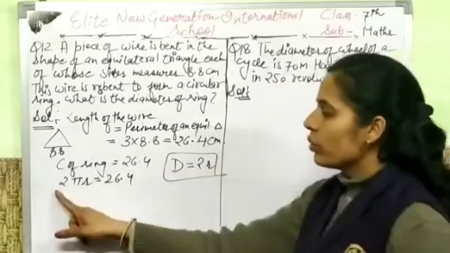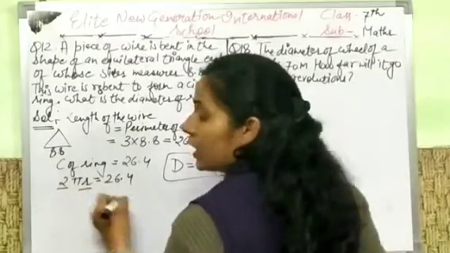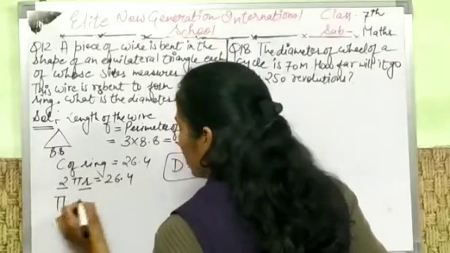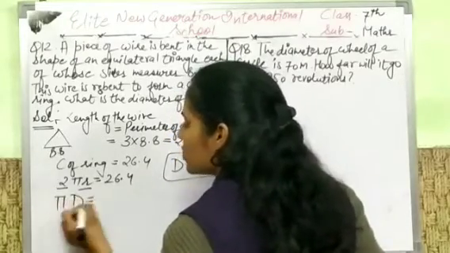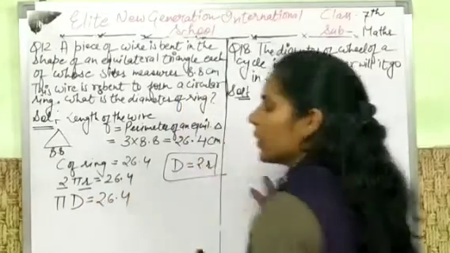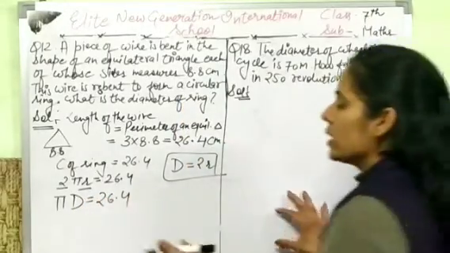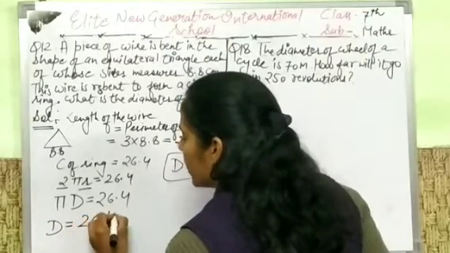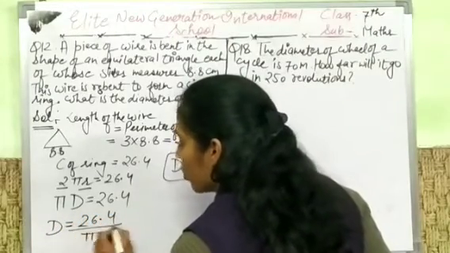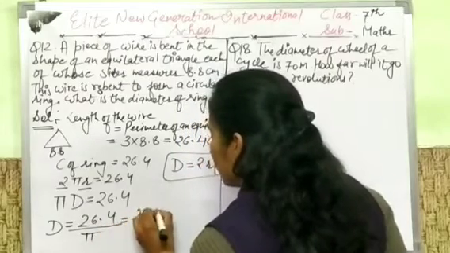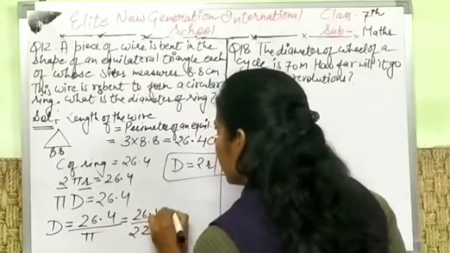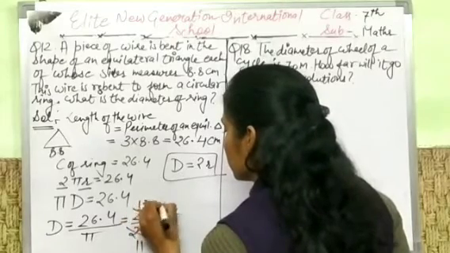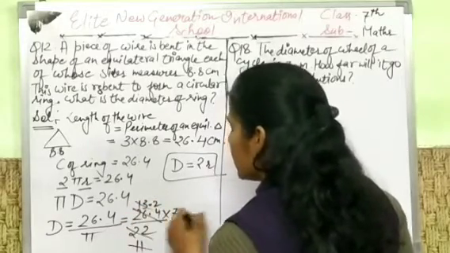So in place of 2r, we can also write d. So we can write here pi d. You can write capital D as well as small d. So here we have to find d. Now what we have to do is 26.4 upon pi. Just put the value of pi here, 22 upon 7. Now solve it. Again we can cancel it out.